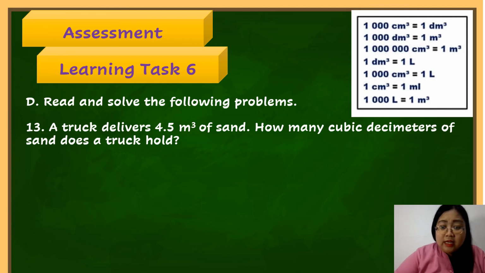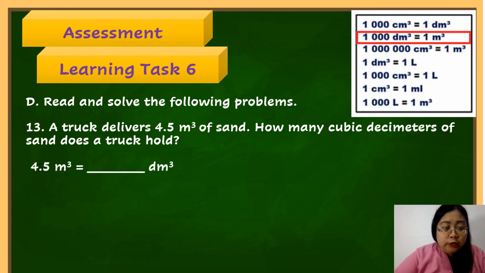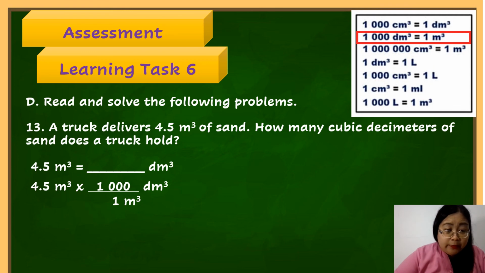Okay, let us find out in the conversion chart the conversion of cubic meter to cubic decimeter. Have you seen it? Yes. There is 1,000 cubic decimeter is equals to 1 cubic meter. So 4.5 cubic meter is equals to how many cubic decimeter? 4.5 cubic meter times 1,000 cubic decimeter divided by 1 cubic meter.